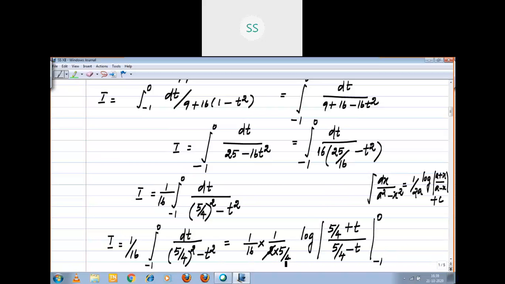Right? Now you see, the 2 will move to the denominator, you can cancel 16 and 2. Now 1 by 40.